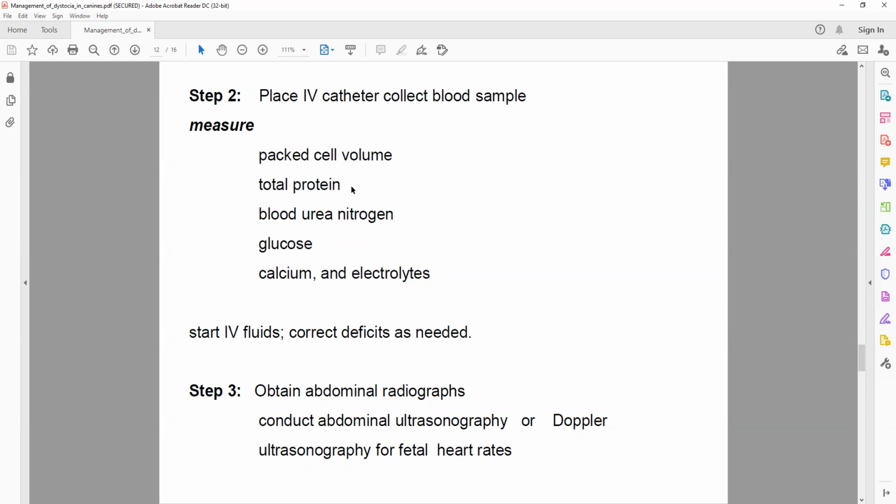So that's why before performing anything, especially surgery, BUN and PCV, total protein is a must. Along with that, you can go for SGPT and SGOT, by which you can predict the liver function as well.